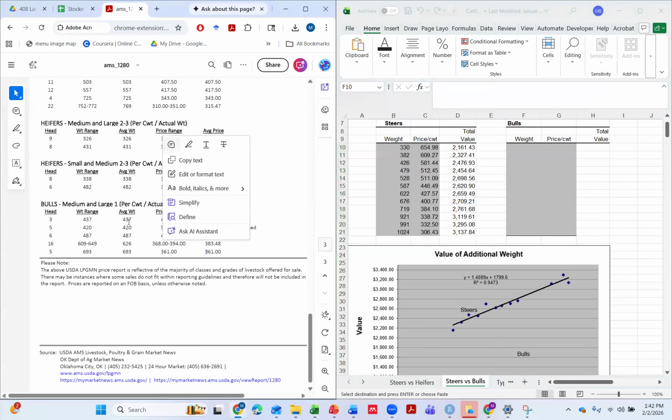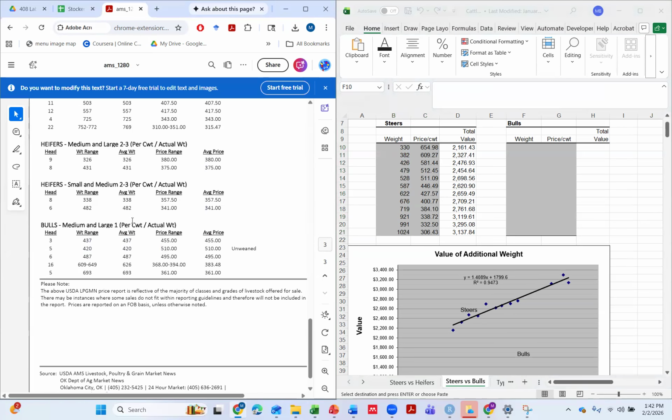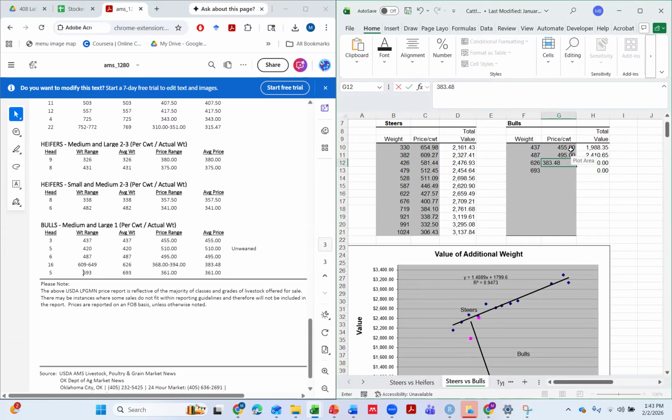So here we had average weight of 437. Skip that 420, so 487. 626, 693. Okay. 455, 495, 383.48, and 361. Okay.